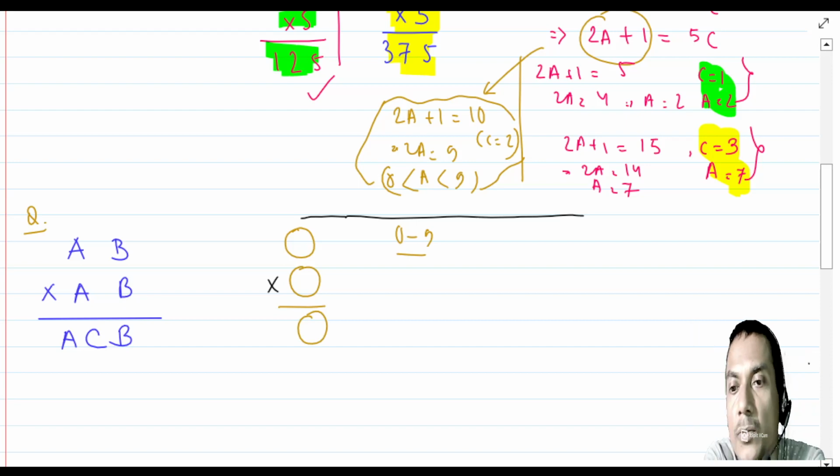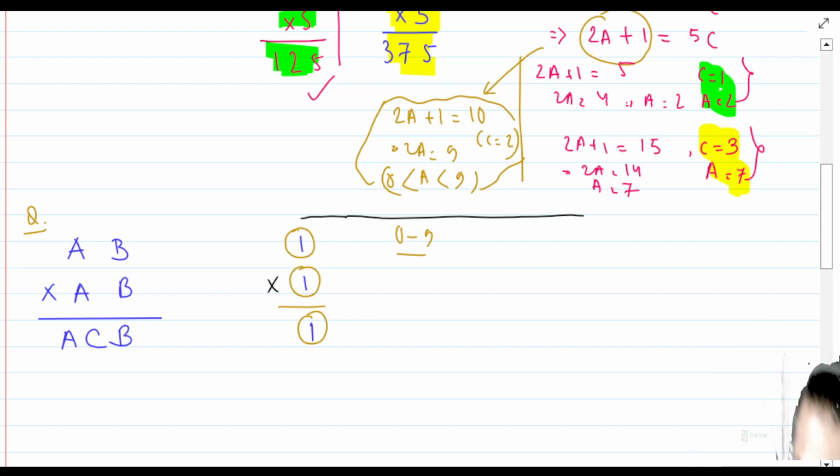So first start from 0. If we consider 0 0, that is okay, but better you consider 1. Okay, let's consider 1. 0 we can consider, no problem, but we may or may not get the solution. So first I consider 1. Why I consider 1? Because 1 times 1 is 1, so there is no carry forward.